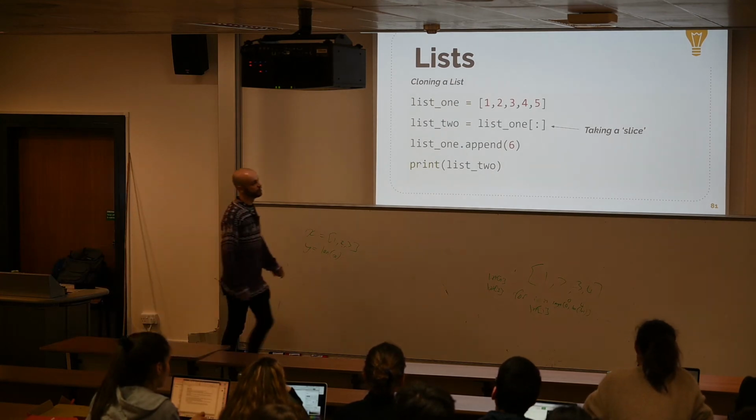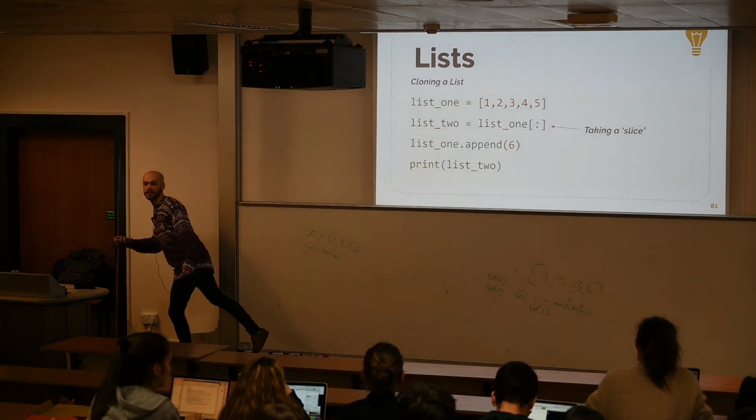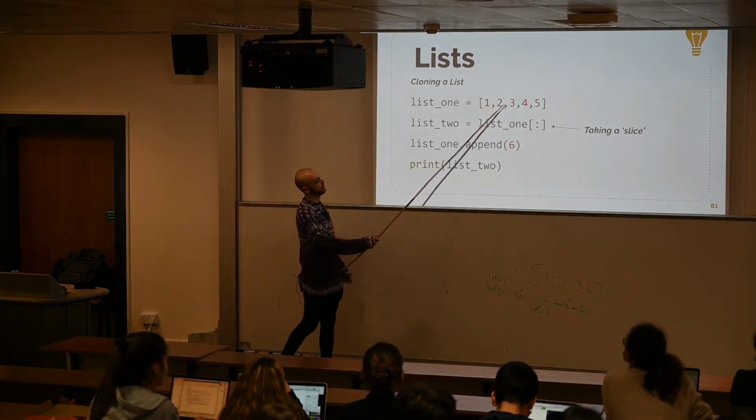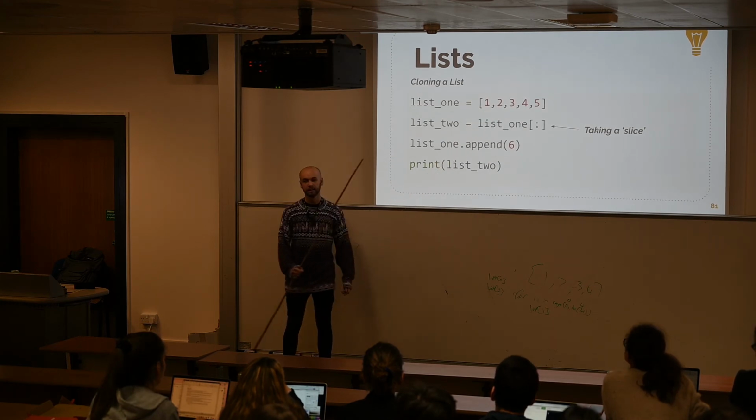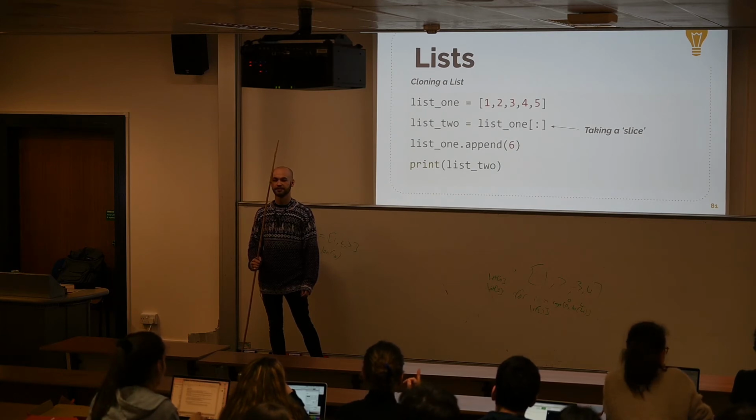Can someone remind me what we'd change about this syntax if we want to take the values from, say, here to here? If we want 1, 2, 3, what can we do instead? Someone different.